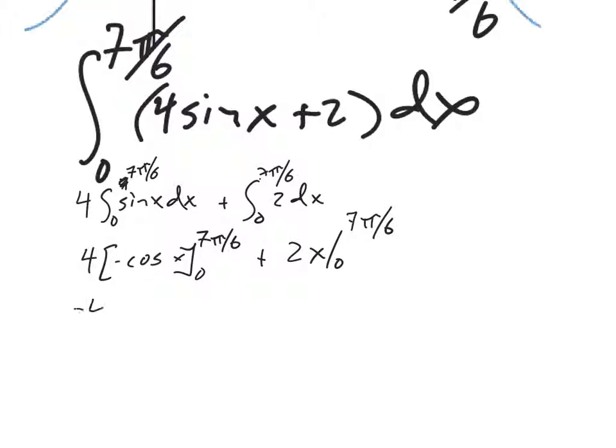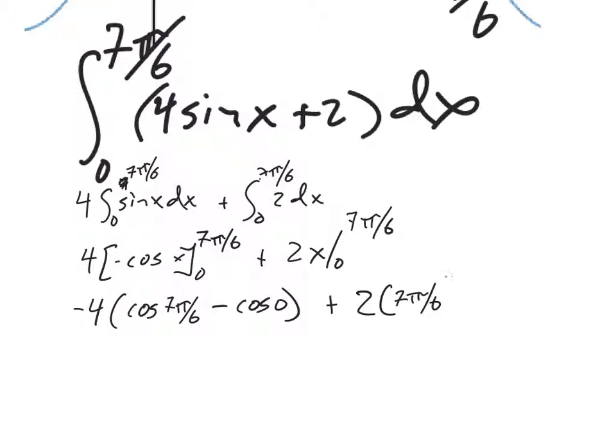Okay, so really we get negative 4 times the cosine of 7 pi over 6 minus the cosine of 0, plus 2 times 7 pi over 6 minus 2 times 0.